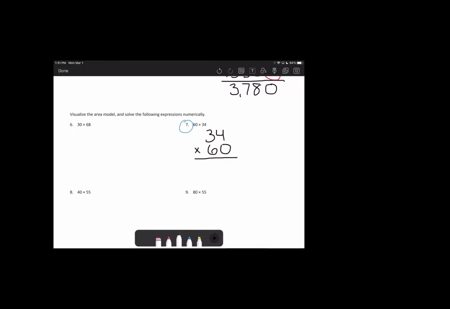Well, for 34, we'd break into 30 and 4, right? Because we're multiplying by 34. So we have 30 in our bigger rectangle and 4 in our smaller one. So if we're finding the area of our smaller rectangle, what two numbers are we multiplying?